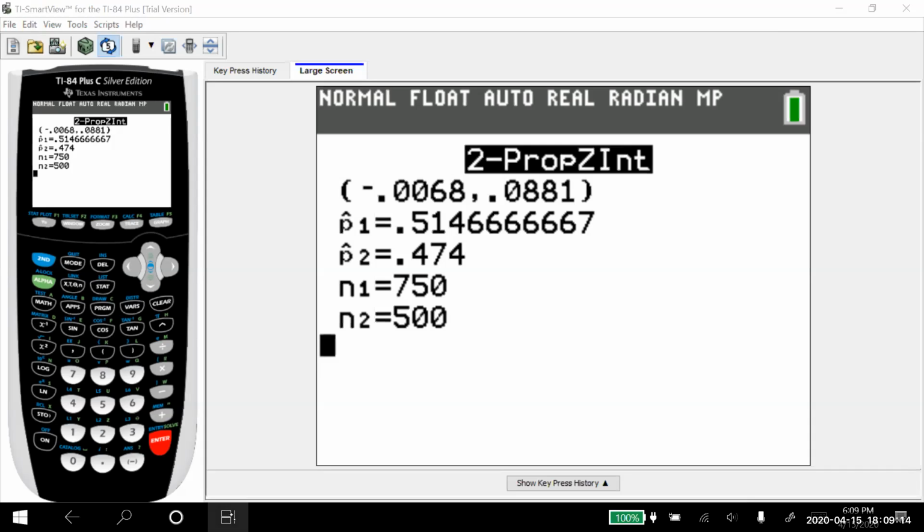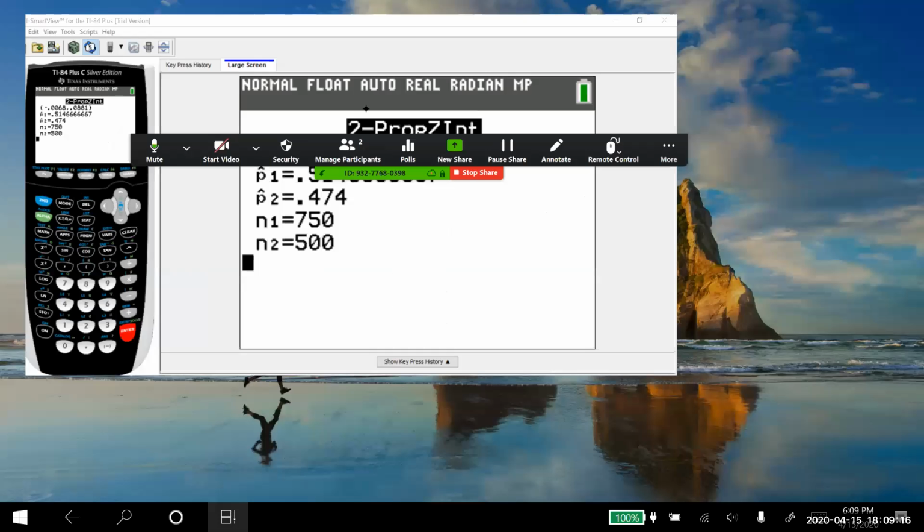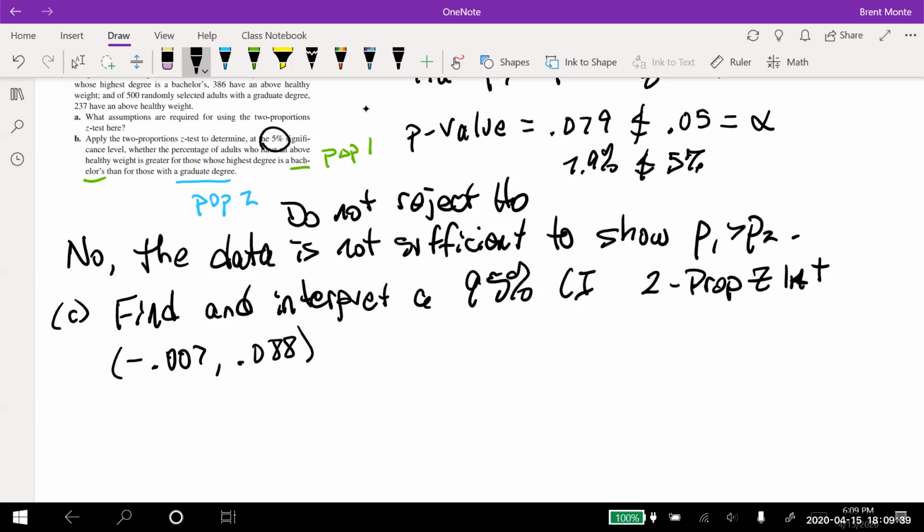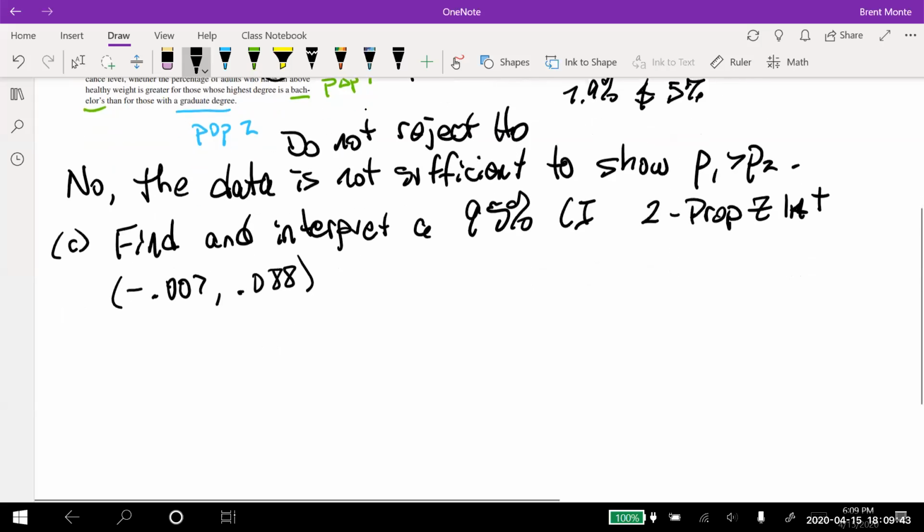All right, so let's go do that. And we will say, so it was we did a 2 prop Z interval. And what I got as my answer was negative 0.007 to positive 0.088. And let's see, they gave us percentages. So let's change this to percentages.